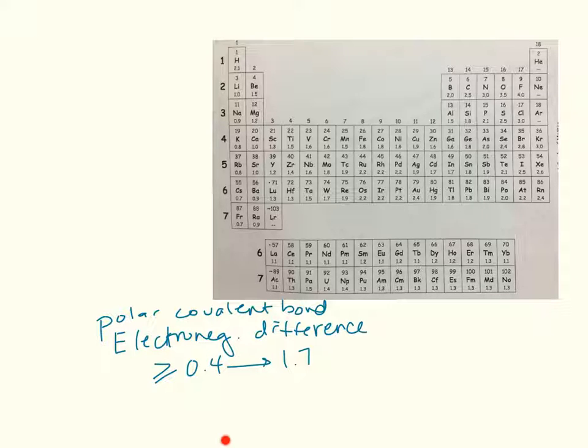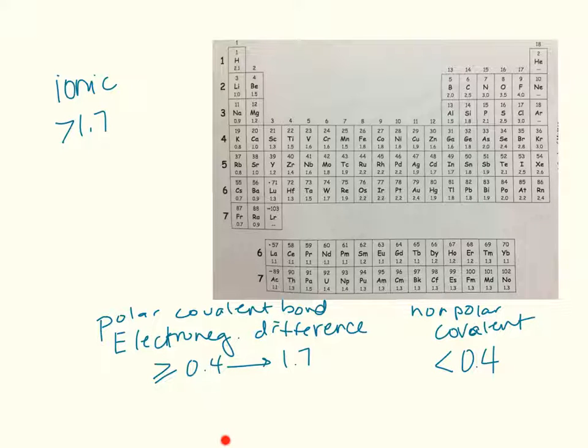And then for a nonpolar covalent bond, the value is going to be less than 0.4. And then if you want to get even more technical, you could say for an ionic bond, the value is going to be greater than 1.7.